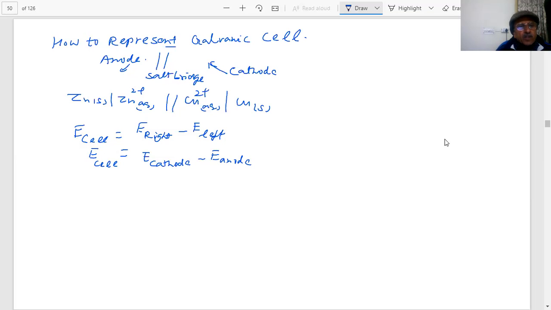And students, can we determine the absolute value of the half cell? When we represent these values like this, these are called the standard reduction or electrode potential values, students.